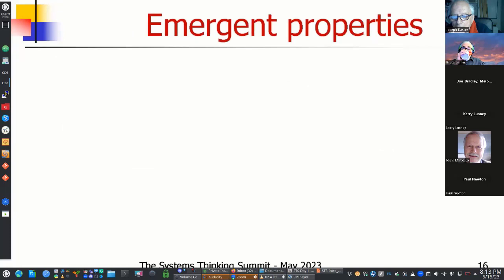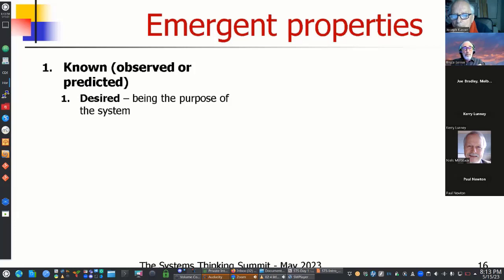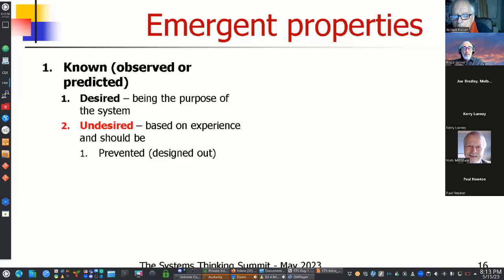So let's look at emergent properties. The first set of emergent properties are known, observed, or predicted. They're desired. That's the purpose of the system. That's what we design the system to do. There's undesired based on experience, and these should be prevented, designed out, or mitigated, or compensated for.